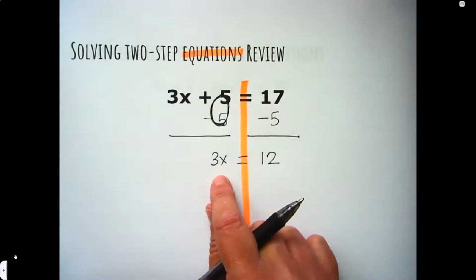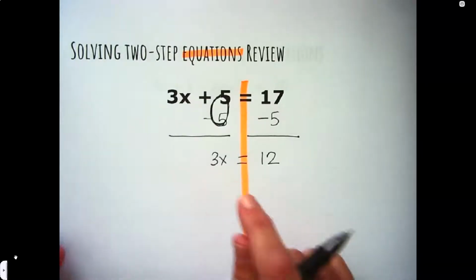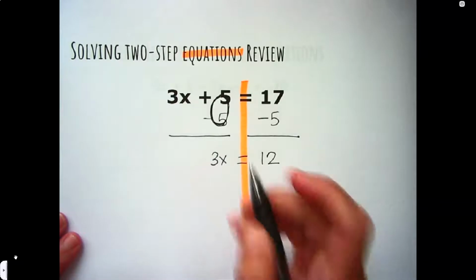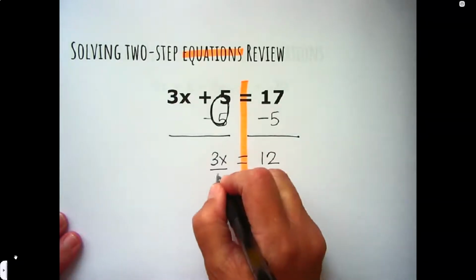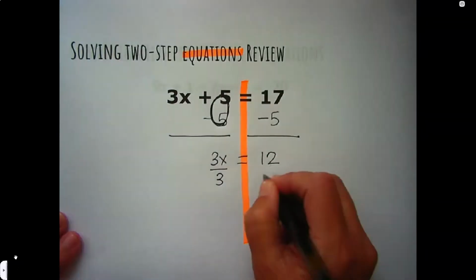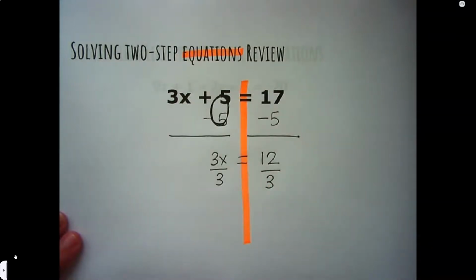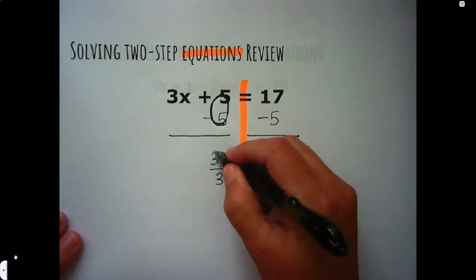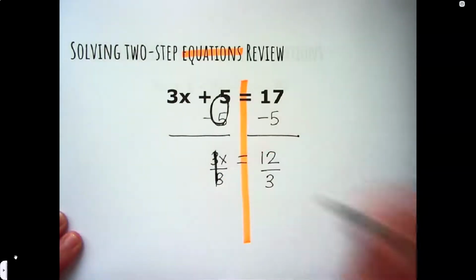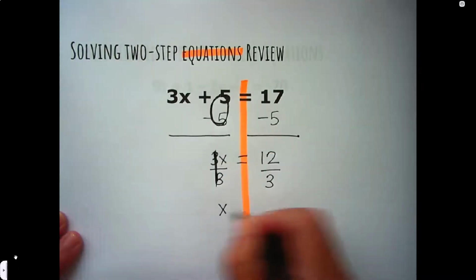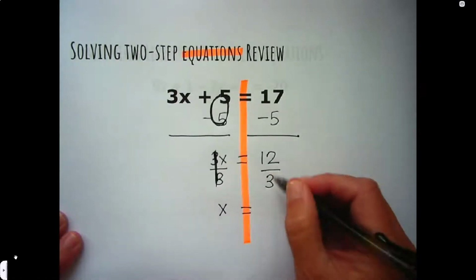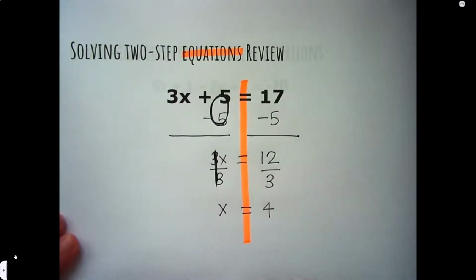So we need to cancel that out to get the x alone. The opposite of multiplying by 3 is to divide by 3. So I'm going to divide by 3 on this side. Have to do it to the other side as well to keep that balanced. 3 divided by 3 is 1. So now that becomes 1x is equal to 12 divided by 3, which is 4.